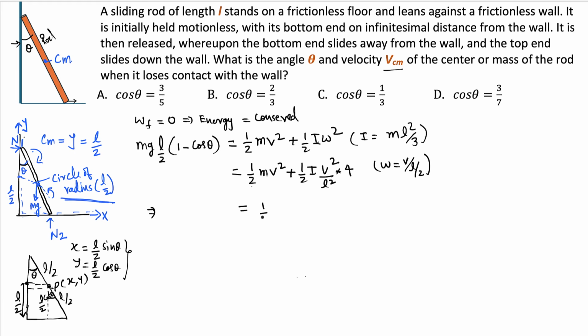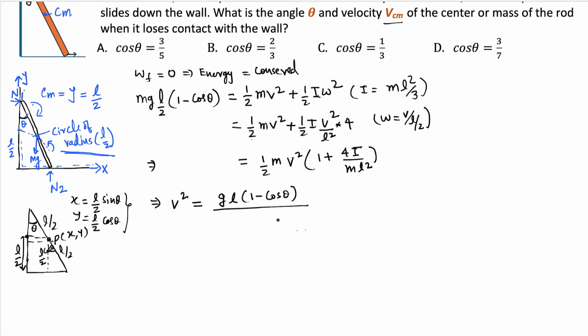This has 1 by 2, so 1 plus 4I by M L square, and therefore v square is equal to G L into 1 minus cos theta divided by 1 plus 4I by ML square. So this is the equation for v square.